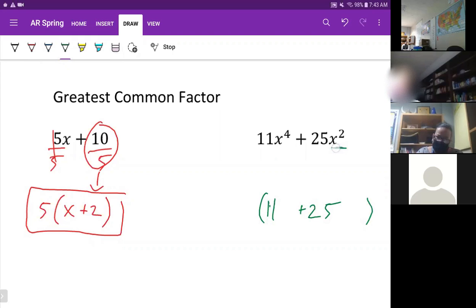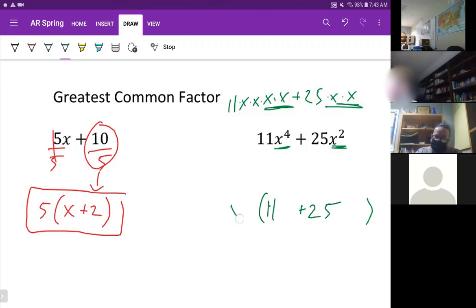But this one has 2 x's. This one has 4 x's. Because really what you're looking at is 11 x x, and then this one is 25 x x x x. So what we can do is take 2 x's out of this one and 2 x's out of this one.